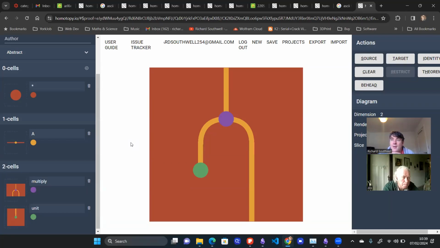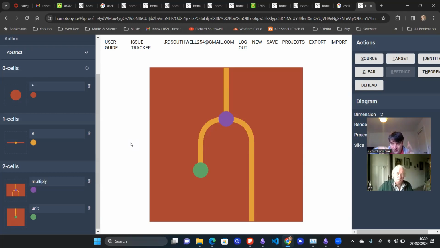Now, there's a reason why I called this unit, and it's because I want to think about this as something that if you multiply with it, it doesn't do anything. Okay. Now, there's no reason why you should believe that just from this picture.